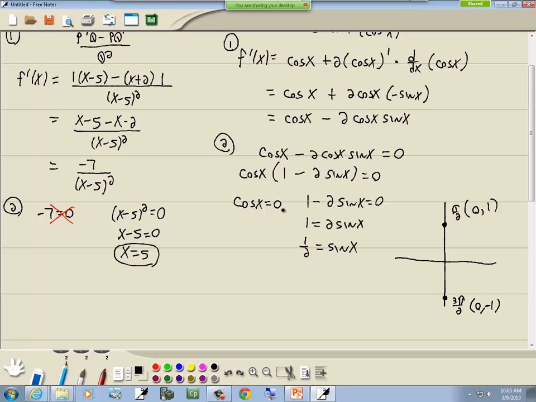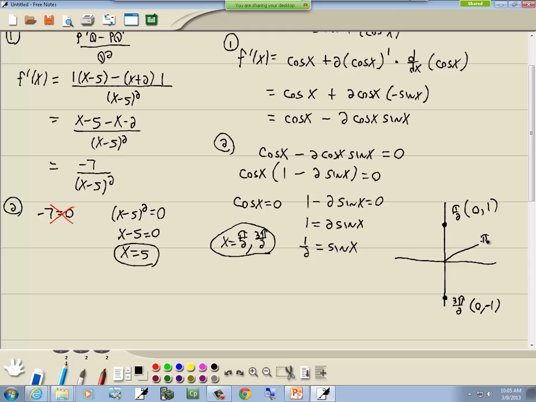Now, we got cosine is equal to 0. So we're going on a unit circle, and we're looking where cosine is equal to 0. Now, cosine is the x part of our unit circle. So if I look at the x part, it's equal to 0 here at pi over 2. It's also equal to 0 down here at 3 pi over 2. Excuse me. So those are for the cosine.